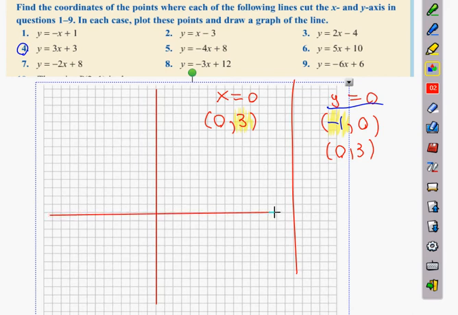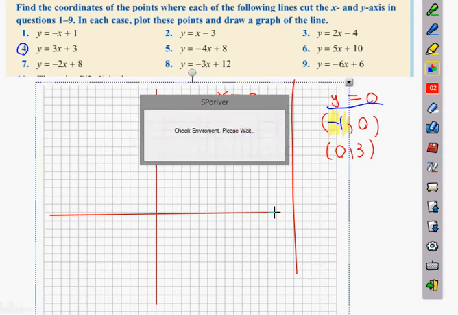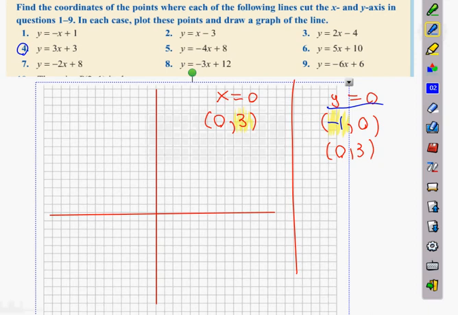And then we're going to put in our numbers, okay? Now, our numbers are going to be 0, 3 to minus 1, 0. So what I'm suggesting we do is we write down this is 1, 2, 3, 1, 2, 3, minus 1, minus 2, minus 3, minus 1, minus 2, minus 3.